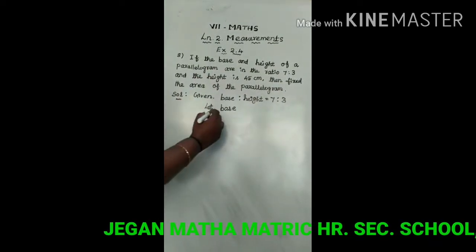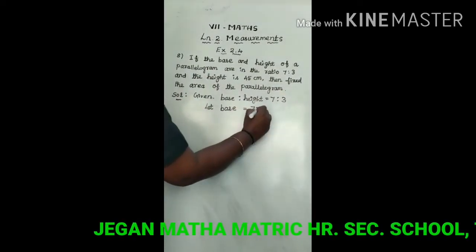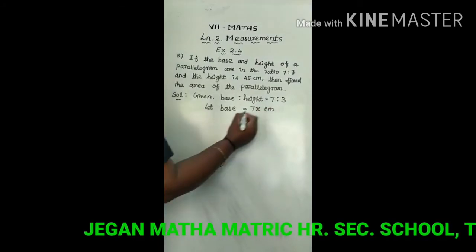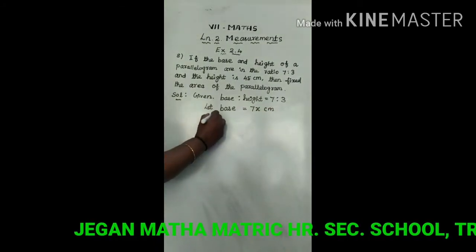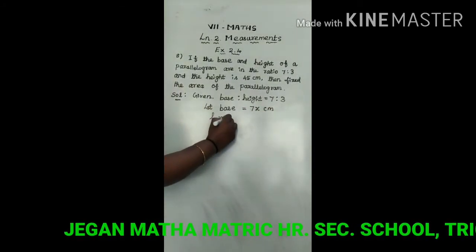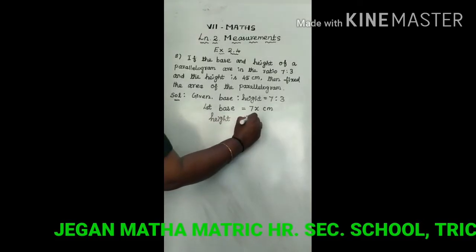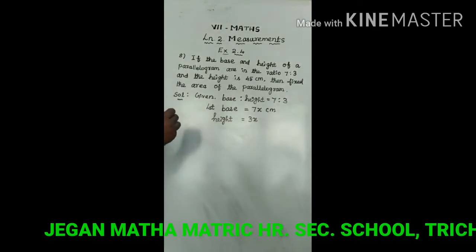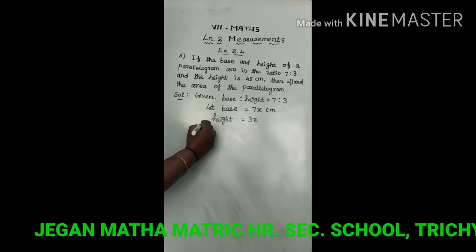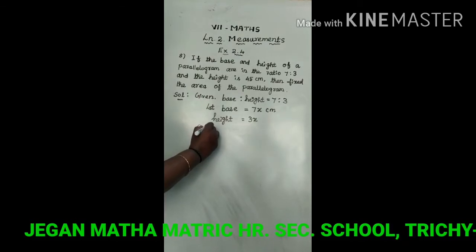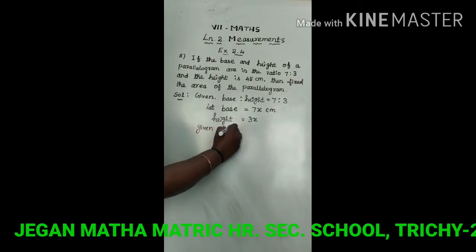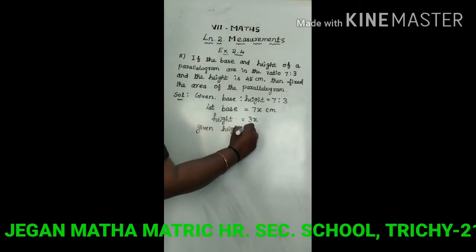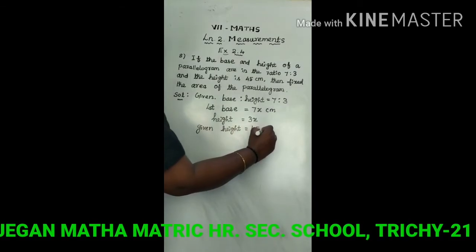So we let the base be 7x centimeter. Then the height is 3x centimeter. So we find x: already given, height is equal to 45 centimeter.